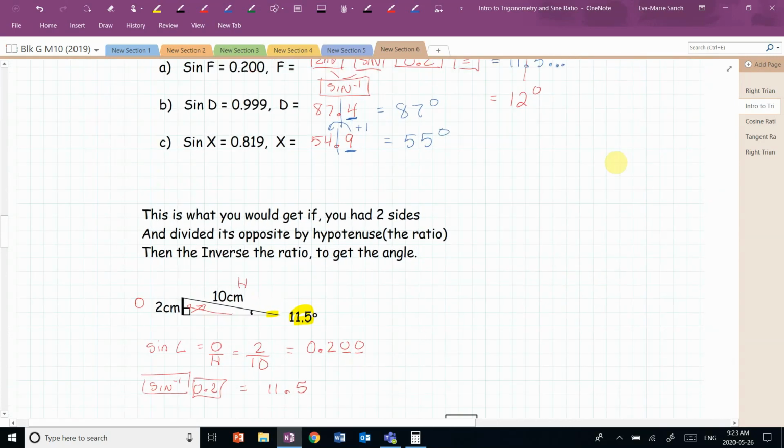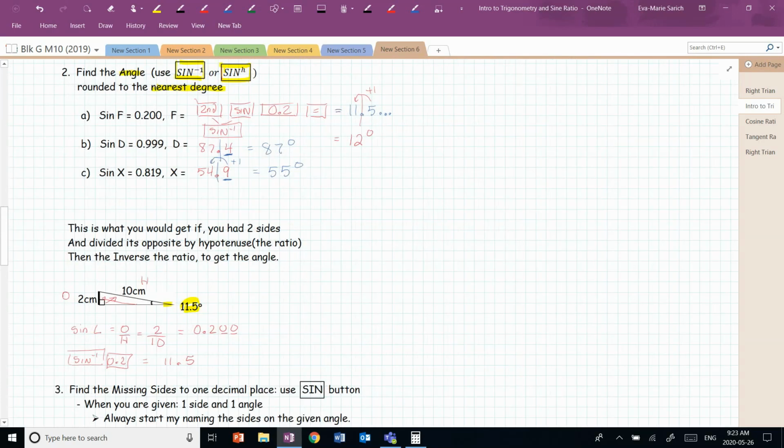So what we end up seeing is that this is a real situation where these two things are the same. We get them being equal. So we can use our calculators or we can actually look at a real life situation.